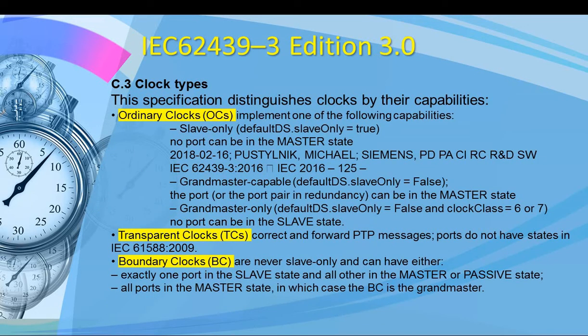This is for the clock type. If you remember, version 2 only supported ordinary clock and transparent clock, but version 3 introduced boundary clock as well. So there are not only ordinary clocks, but also master-coupled clock, transparent clock, and boundary clock.